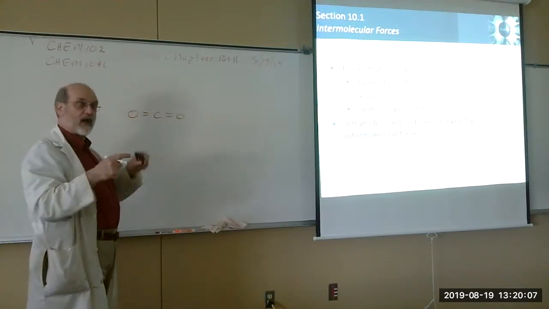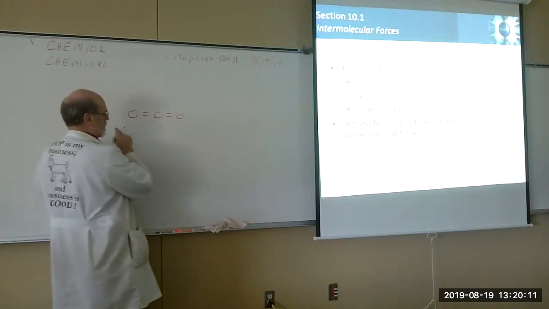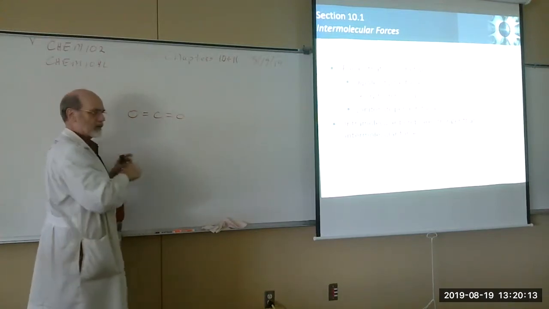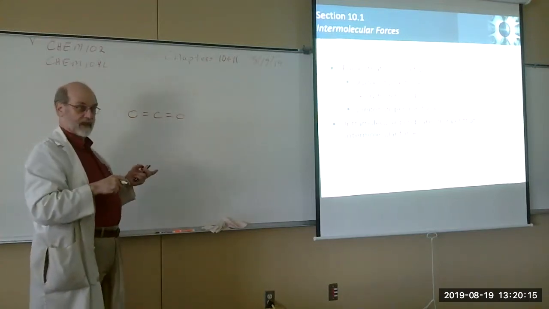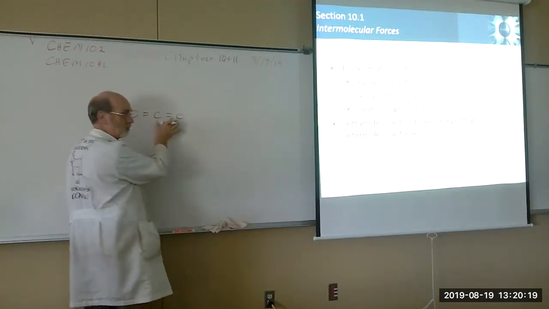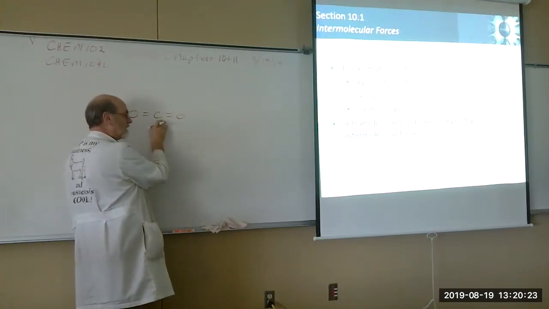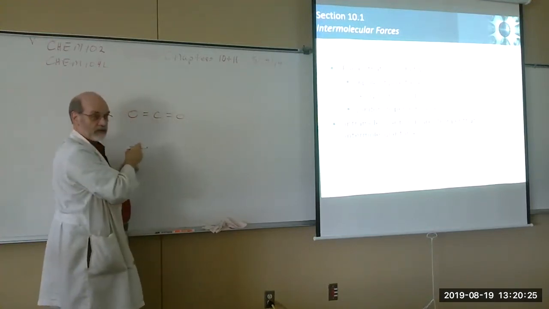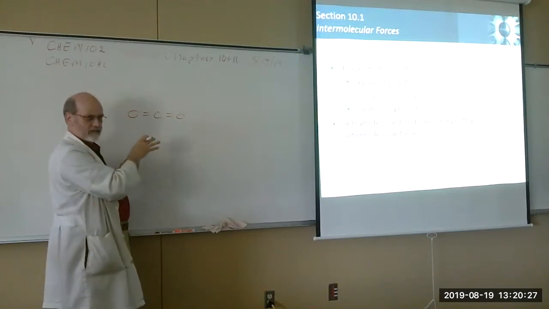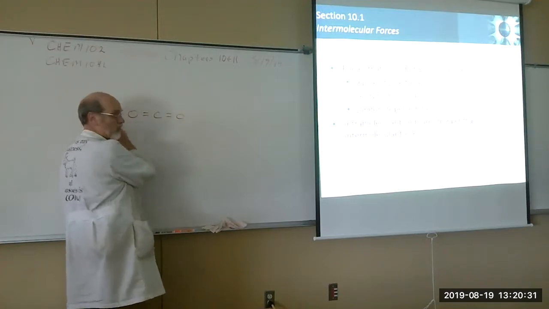So now, let's focus on the bonds. What is the attraction of each atom for electrons? The attraction of oxygen in this molecule is stronger than carbon. So the electrons want to spend a little more time with oxygen than with carbon. They're still shared, but the electron density is a little higher over here and a little higher over here.